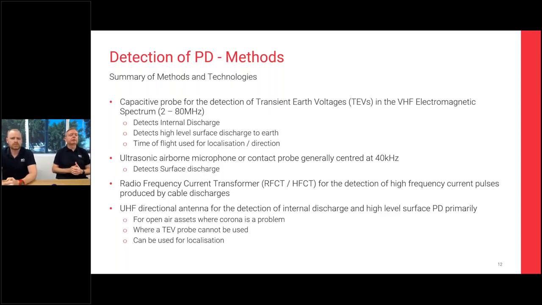Then we can use the UHF technique for localization. UHF signals won't travel anywhere near as far as VHF signals. So if we're finding the problems only at the switchgear, at the termination, or around a particular joint, that gives us an indication that it's happening in that location and not something that's being imported. So those are the different techniques we deploy.